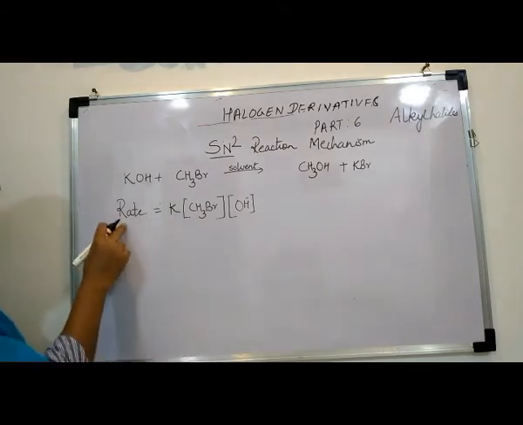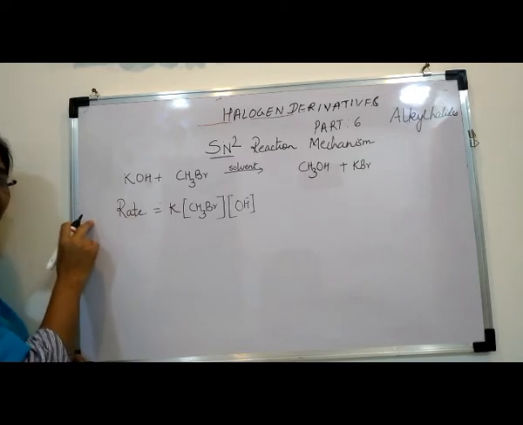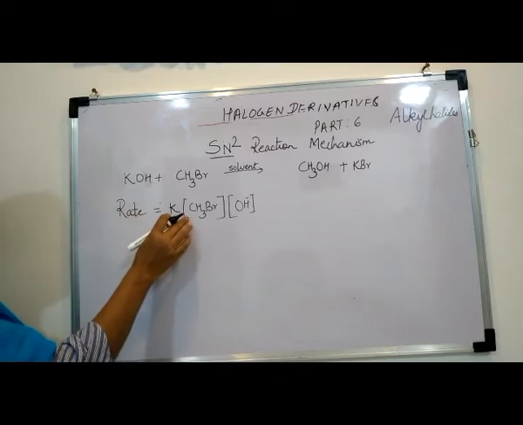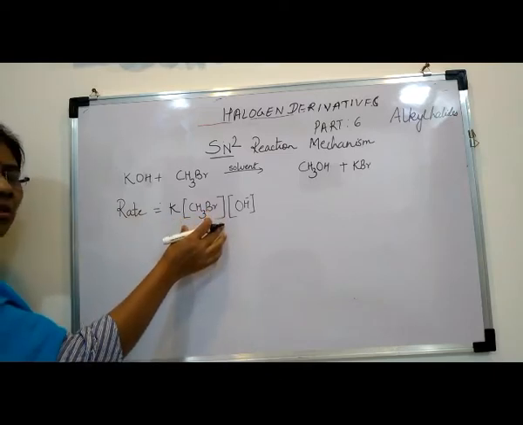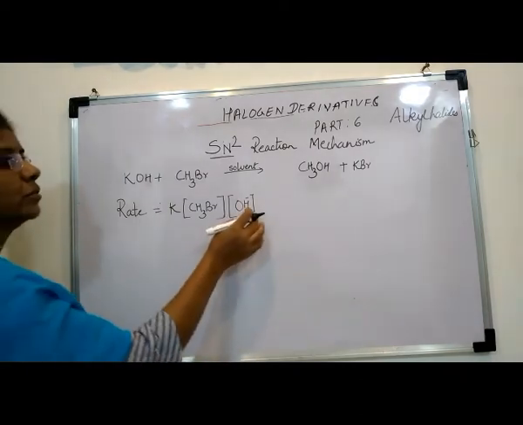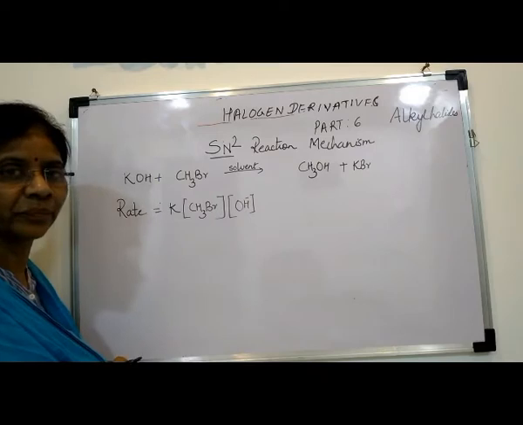Correct? So rate of the reaction, it is experimentally found. This is experimentally found. Rate of the reaction is directly proportional to the concentration of the substrate CH3Br and also to the concentration of the nucleophile taking part in the reaction.